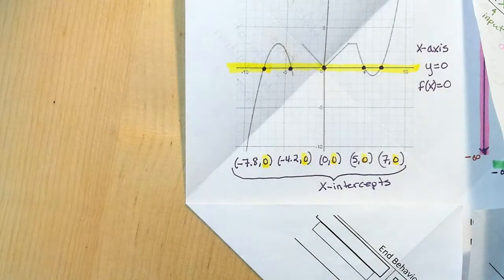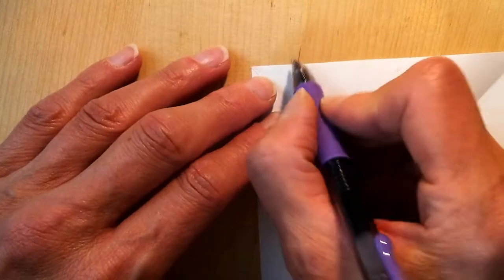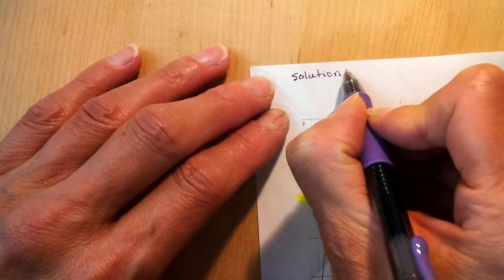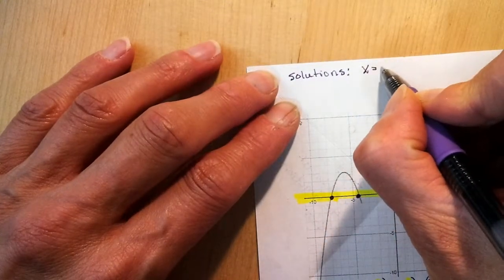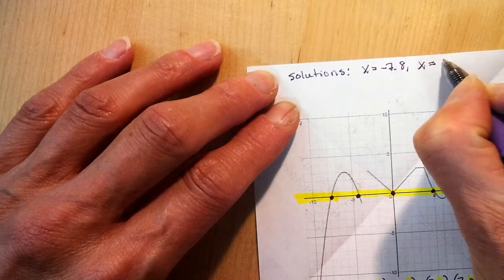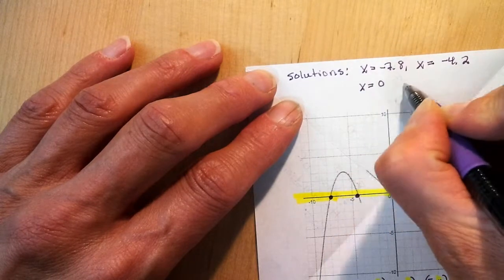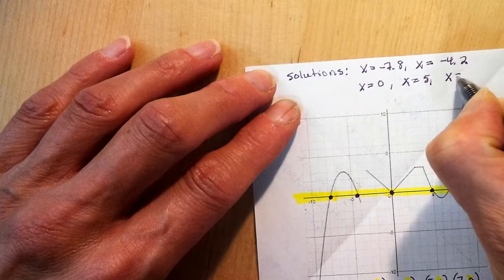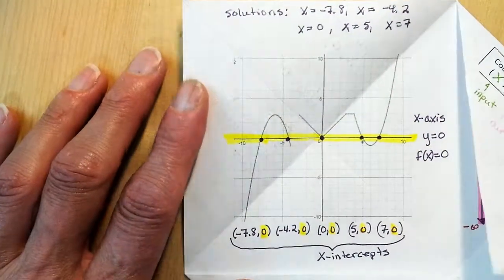The last thing I want to write on here, and then I'm done with this section of the video, is I could write my solutions are x equals negative 7.8, x equals negative 4.2, x equals 0, x equals 5, and x equals 7. So that's another way that I can write my answers.